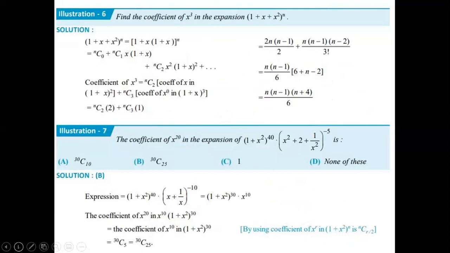See, dear students, be careful. Try to practice these questions, all of you.